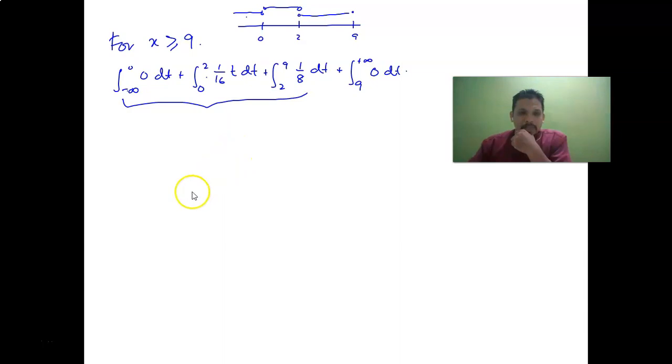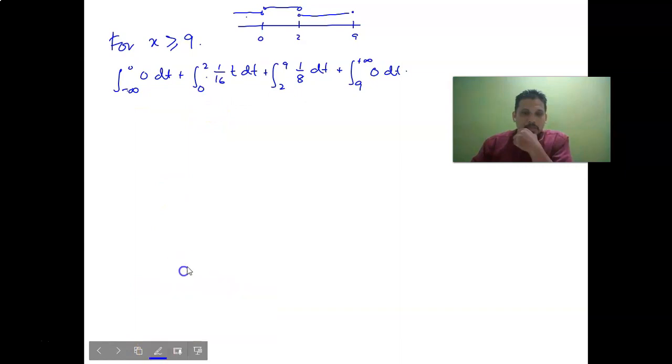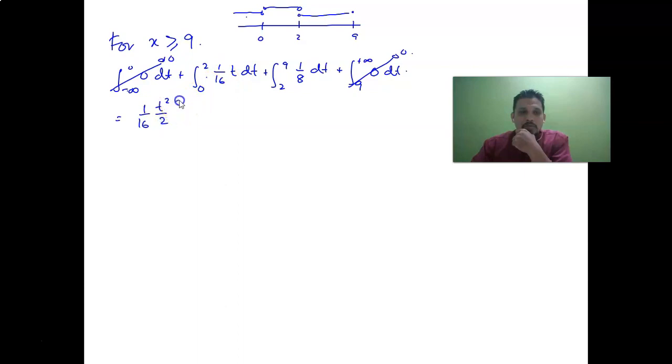Let's say if I solve this using integral one by one here, this gives you 0, and this also will give you 0. Integral of 1 over 16 t is t square over 2 from 0 until 2, plus the integral of 1 over 8 with respect to t, 1 over 8t from 2 until 9, and this is 0 here. So substitute, 16 times 2, 32.